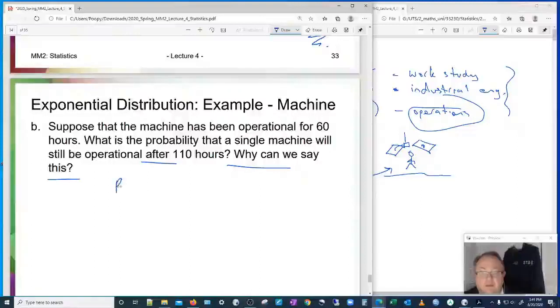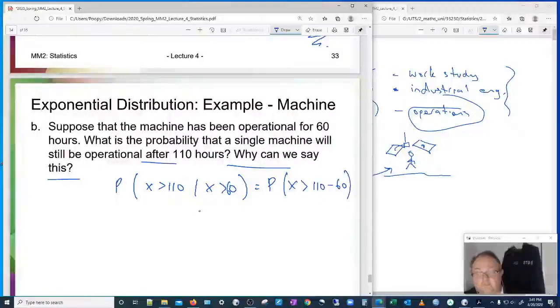Let's try it quickly. So we would have to have x is greater than 110, given that x was 60. If x was 60, we'd get x is greater than 110 minus 60. So that gives us the probability of x being greater than 50, and that's the same as before. Why do we say that?